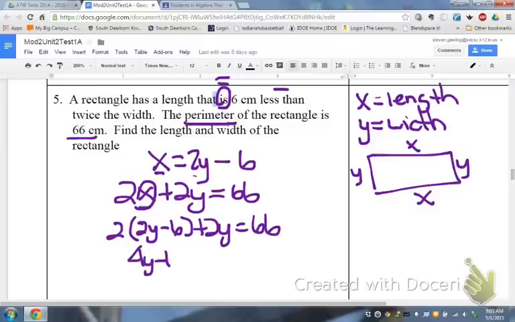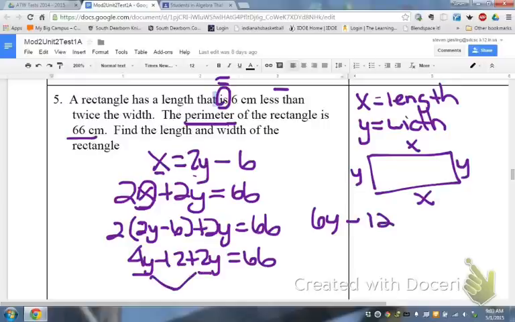So that's 2 times (2y minus 6), which is 4y minus 12, plus 2y equals 66. Again, you have like terms. 4y and 2y can be combined, that's 6y. Again, notice I don't move them over, don't subtract on both sides, just combine them. Add the 12 over, 6y equals 78.